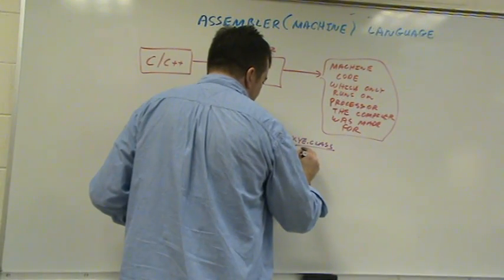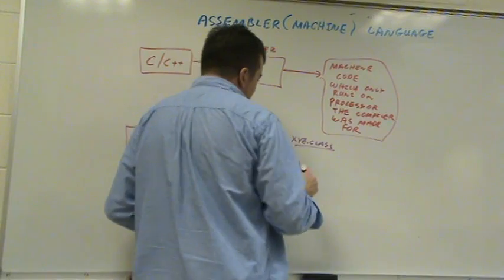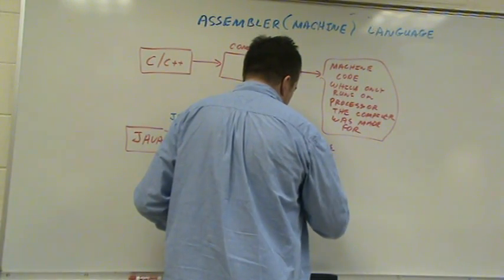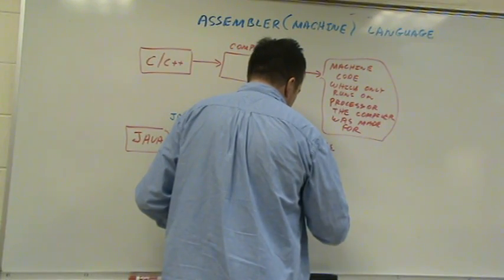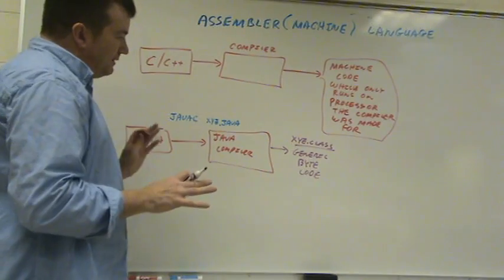This is generic code, bytecode, that could make sense on any machine. But then there's a second step.